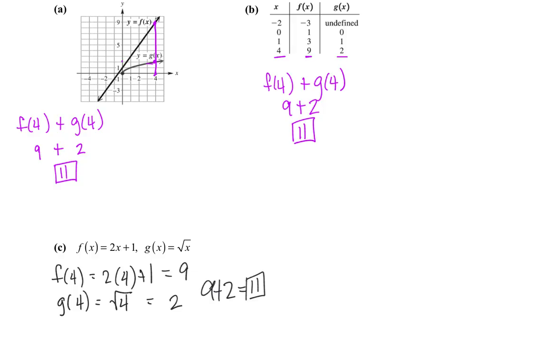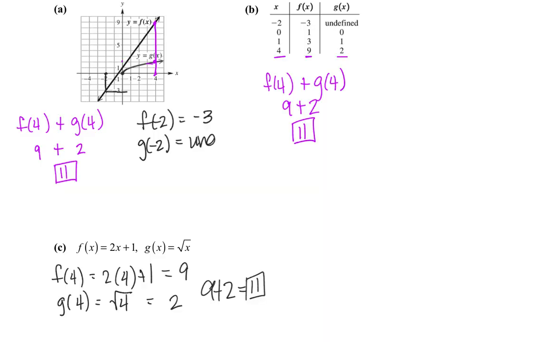All right, so now let's look at f minus g of negative 2. So now we're going to find negative 2 on the x-axis. So if I go to negative 2 on the x-axis, I look down and I see that f of negative 2 equals negative 3. Now, if I do g of negative 2, there is no g of negative 2.